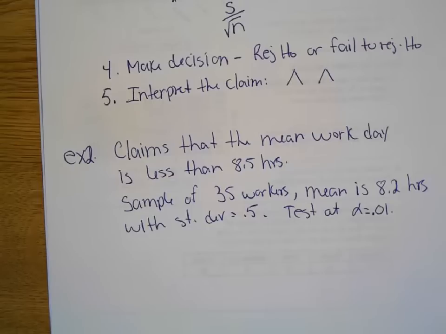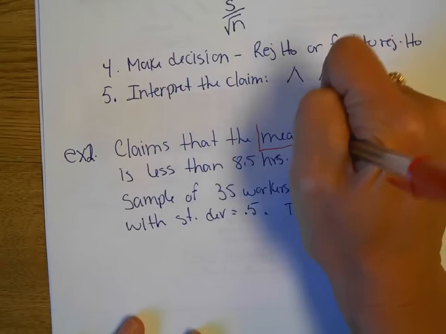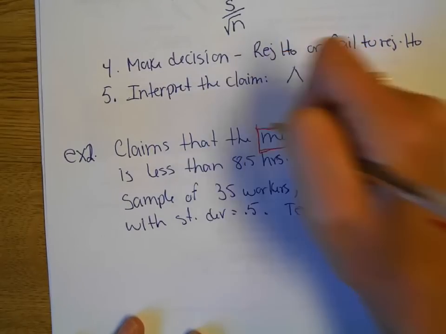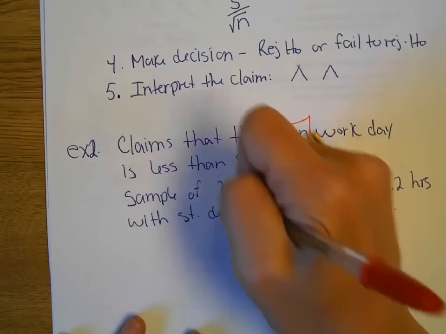Or draw a graph. What was step 1? Write the claim, identify Ho and Ha. So first of all, the key word in here, what he's making his claim about, is the mean. We're going to have two sections that deal with mean, the big sample section and the small sample.